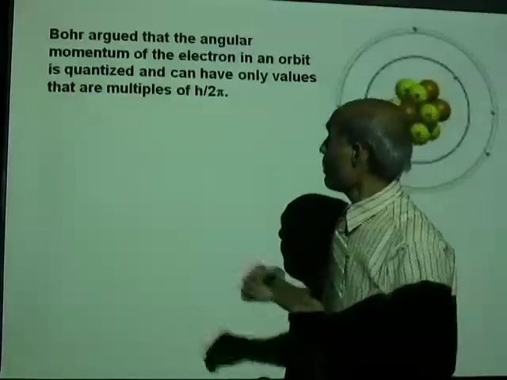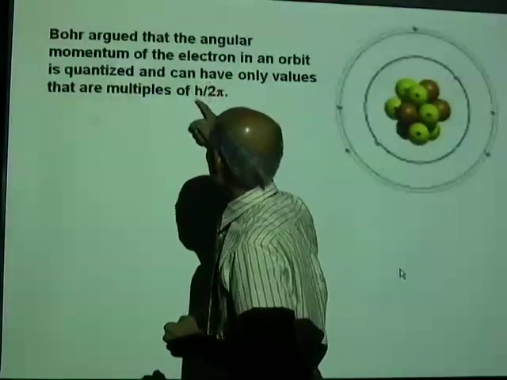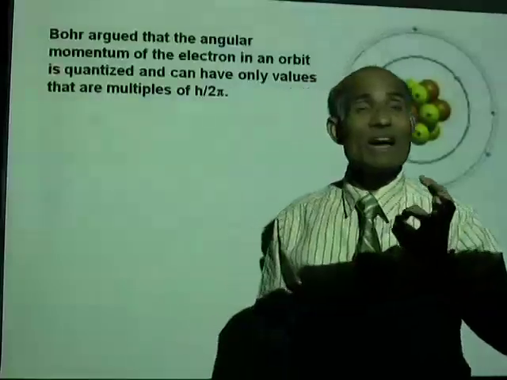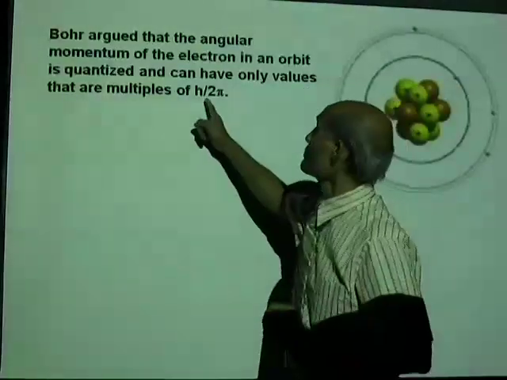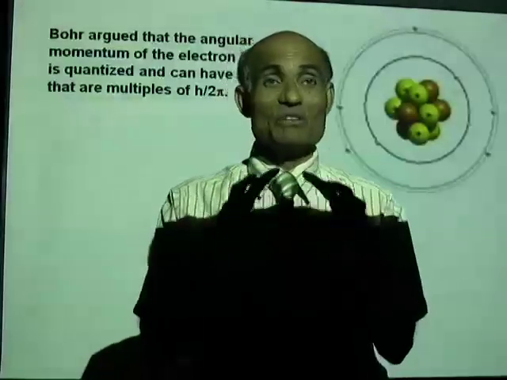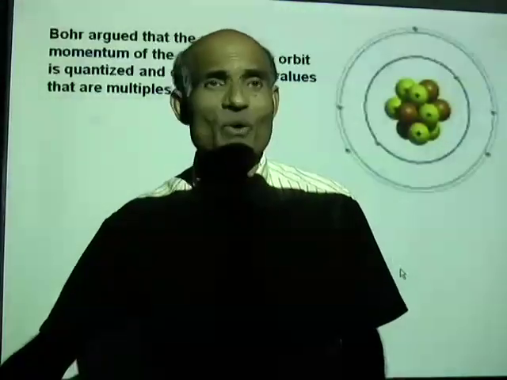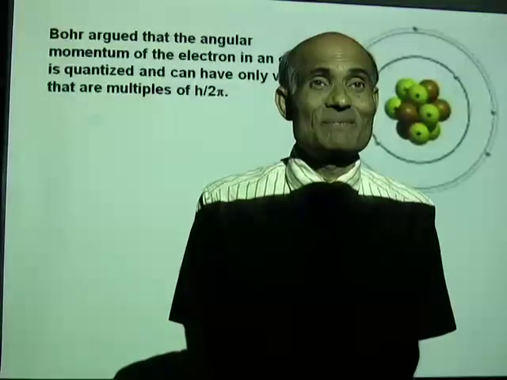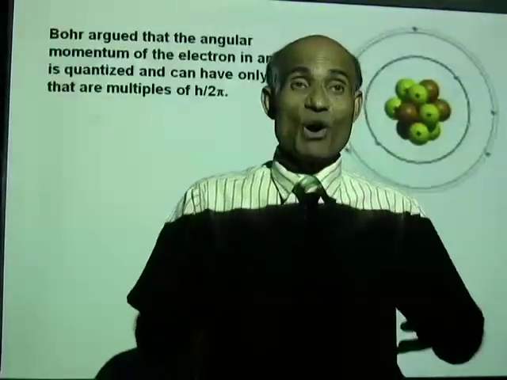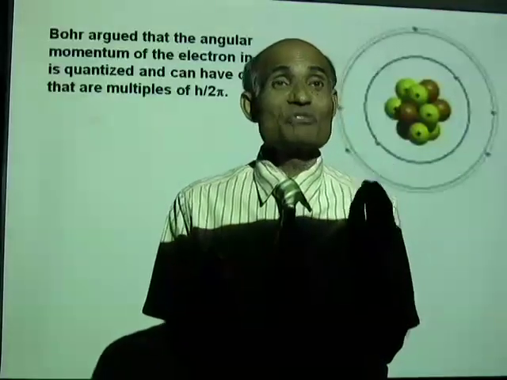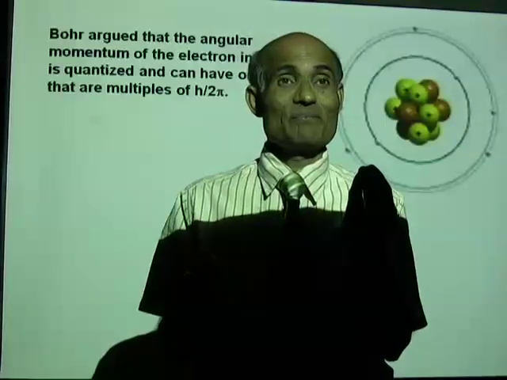Now, according to Bohr, the angular momentum of electrons can only have values that are multiples of h over 2 pi. Now, this is a very important constant. What is h? h is actually Planck's constant. Well, the idea of quantization was first introduced by Planck.